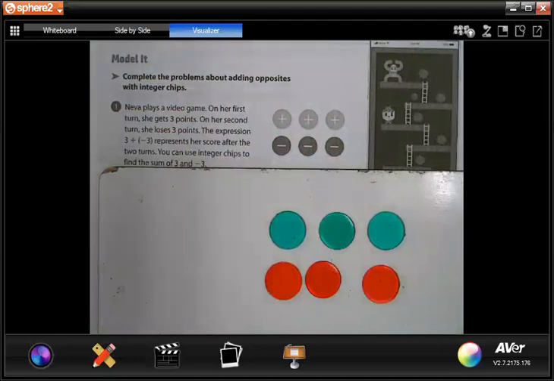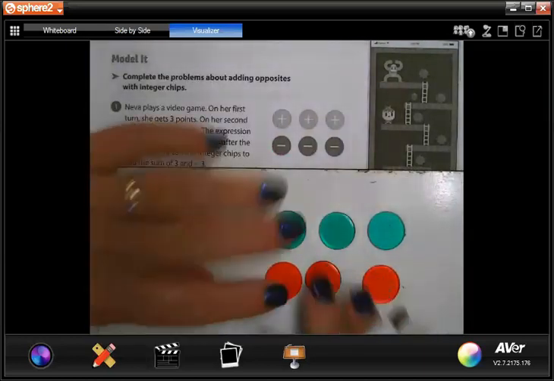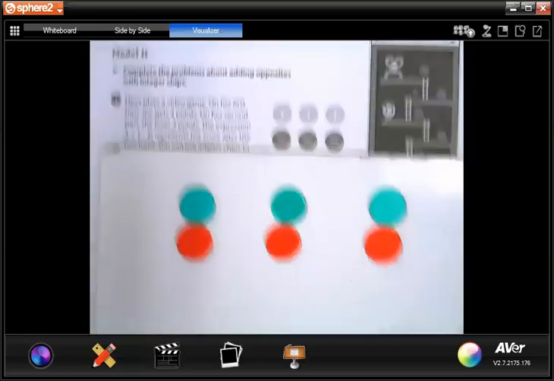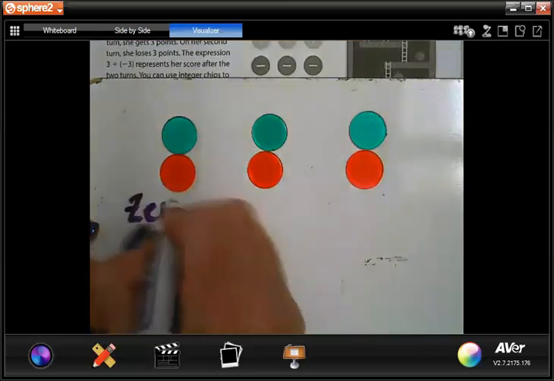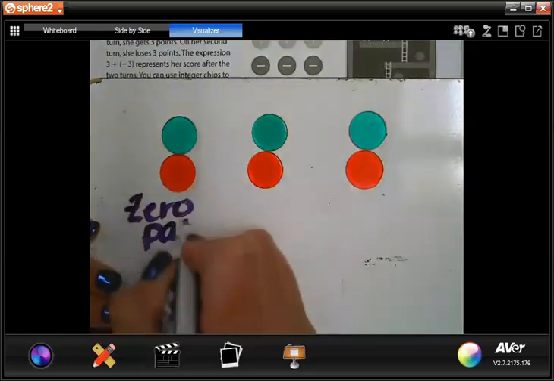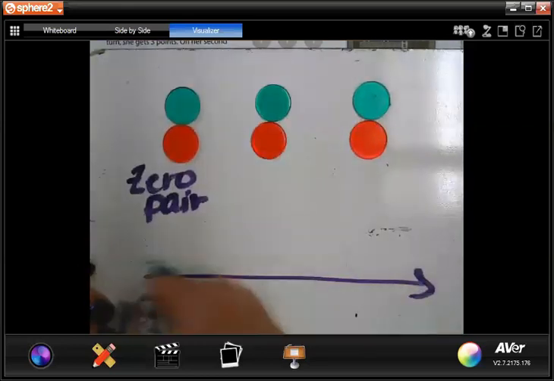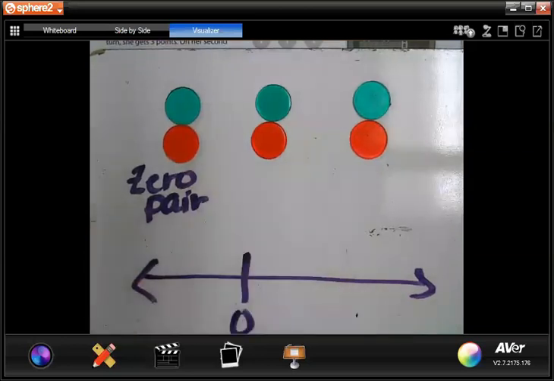Well, let's talk about this for a quick second, because if you look at these, each set of these, they're called 0 pairs. So this right here is called a 0 pair. And the reason why it's called a 0 pair, because if you think about it, here's your number line. We started at 0. We had no points.